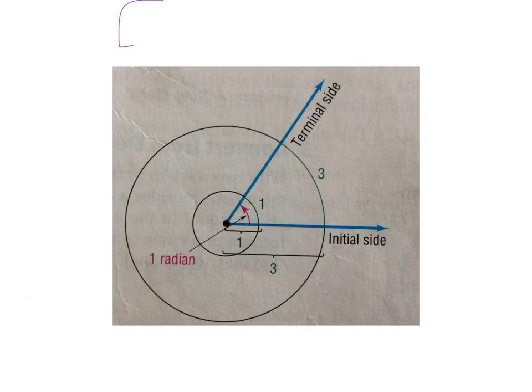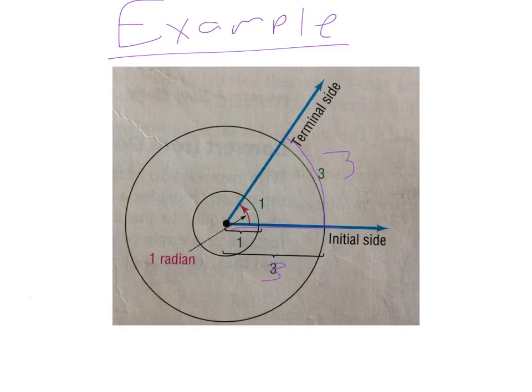So here's an example of what we mean. If you have a circle of radius 3, when the length of the arc created by that angle is also 3, the measure of the angle is 1 radian.